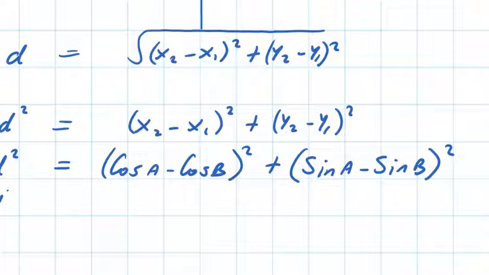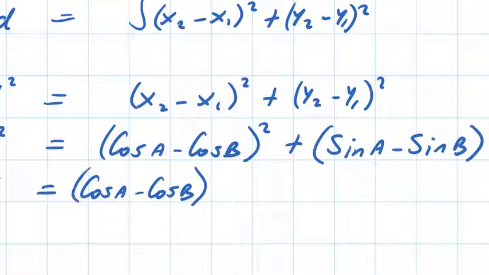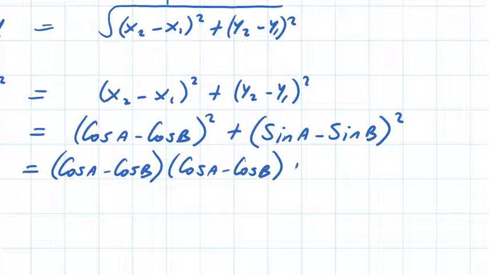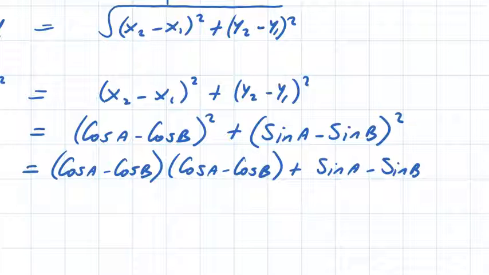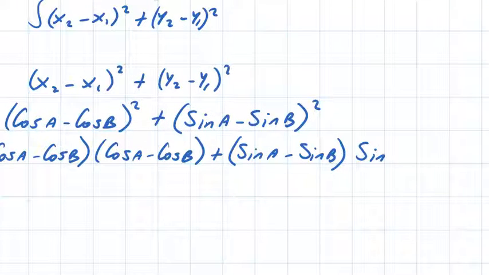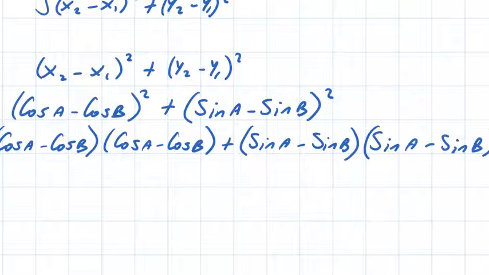And now multiply out those brackets. So d squared is equal to cos A minus cos B squared, which means multiplied by itself, so write it down again. And the same over here, plus sine A minus sine B multiplied by itself because it's squared. And now multiply every term in this bracket by every term in this bracket.